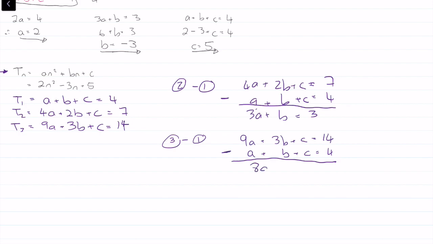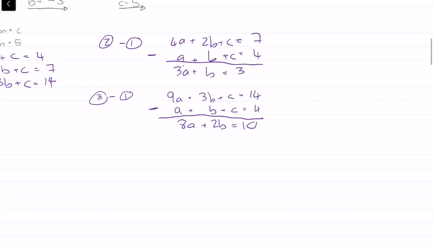So that's going to be 8a plus 2b is equal to 10. Now I'm going to take the other equation and solve for b, so b is equal to 3 minus 3a.